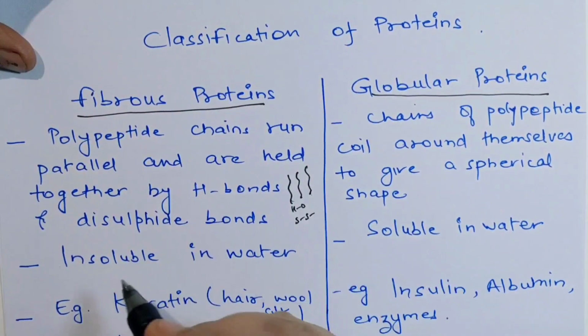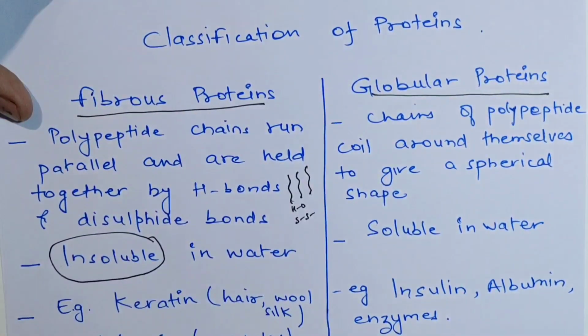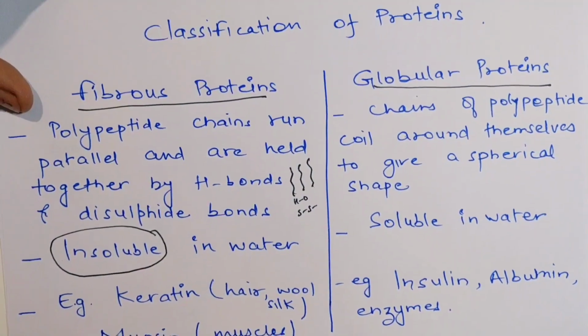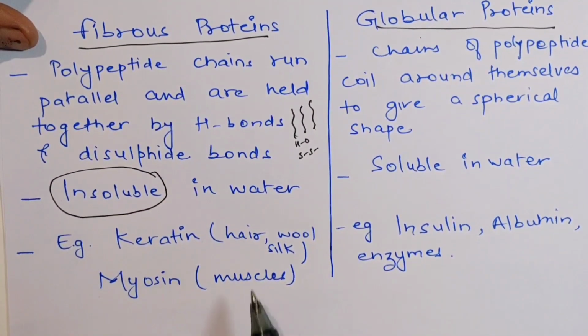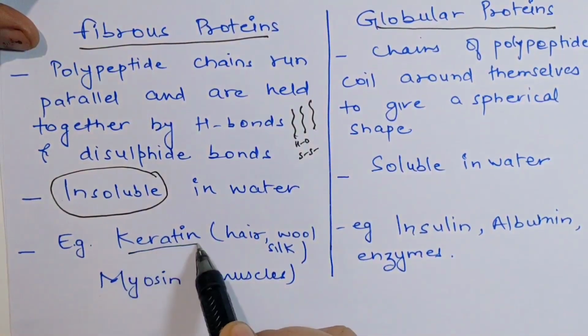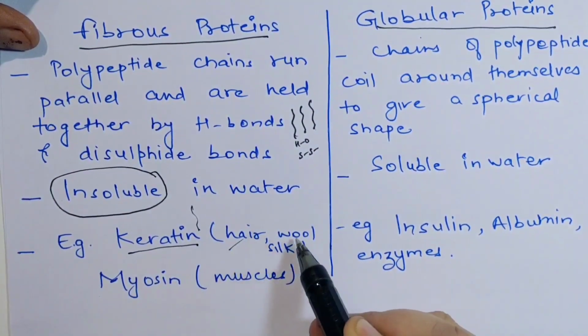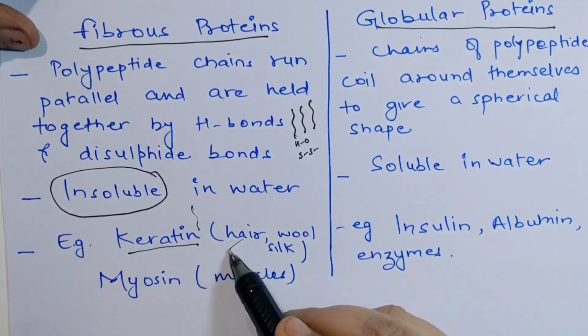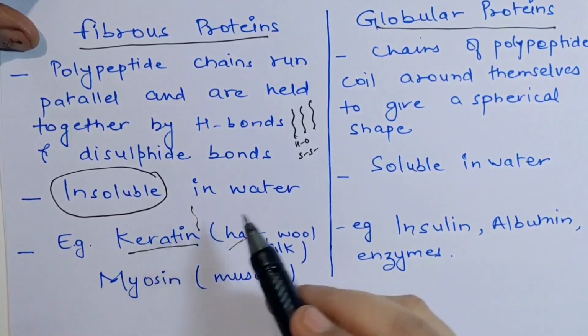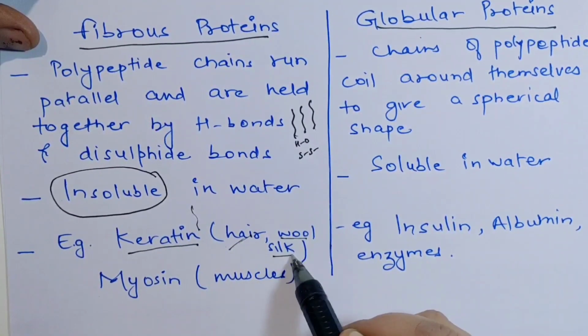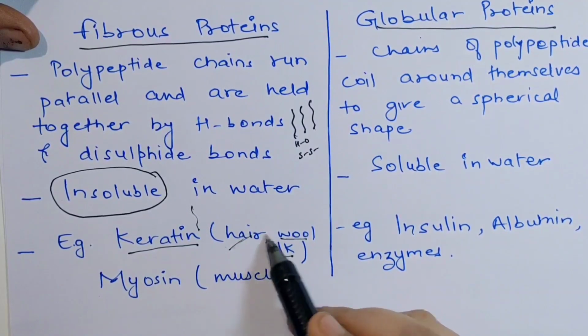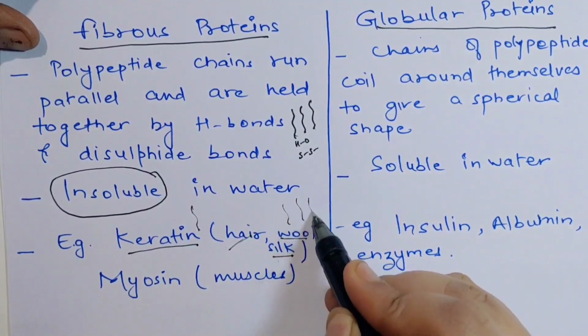They are insoluble in water. And how can you remember this? You remember the examples. You remember that keratin, which looks like a fiber, is a protein in hair. Hair, you know, thankfully from keratin treatment. It's also a protein in wool and silk. All these 3 look like fibers, right?